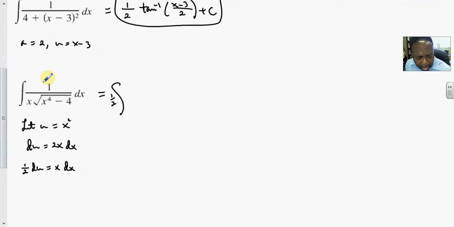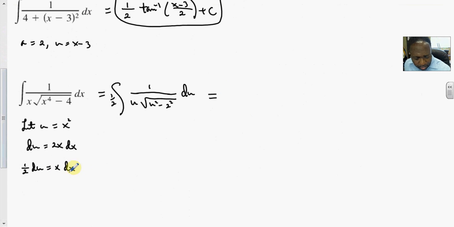Well, I don't have an x in our numerator, but if we manipulate this u, I think we can get something. This is 1 over u times the square root of u squared minus 2 squared, and this is du. So let's see, the 1/2 du, I'm just going to write what we have again.